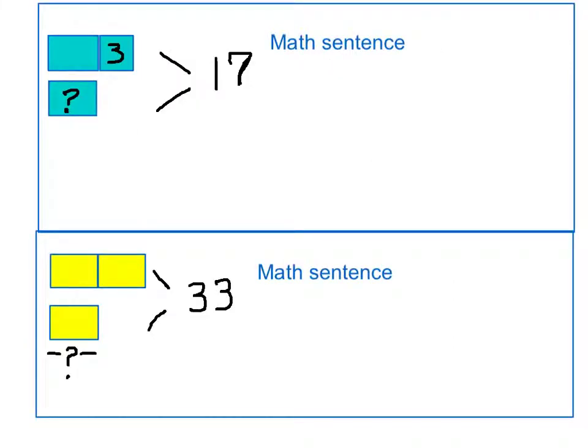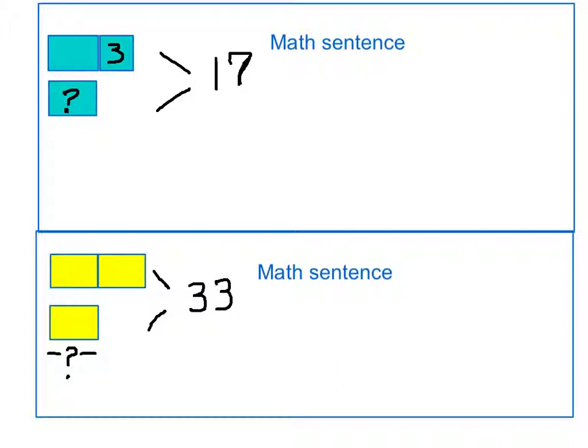Here are 2 more drawings for you to try and figure out what the question mark represents. If you will notice in the first drawing, you have 2 identical units, but one of those units has an addition of 3 to it.